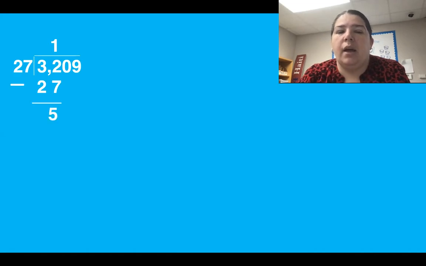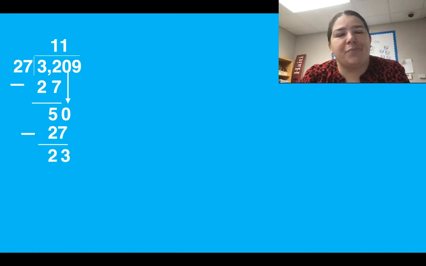You have 3,209 divided by 27. This is on your worksheet. So you're going to divide: 32 divided by 27 equals 1, and 1 times 27 equals 27. 32 minus 27 equals 5, and 5 is less than 27, so you bring down the 0. 50 divided by 27 equals 1, and 1 times 27 is 27, and 50 minus 27 equals, oh, not 3, sorry, 23.